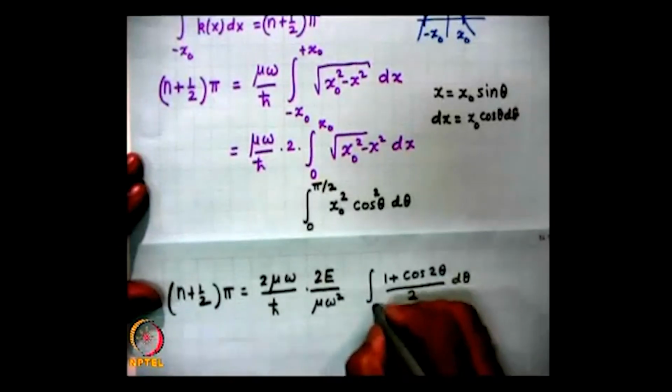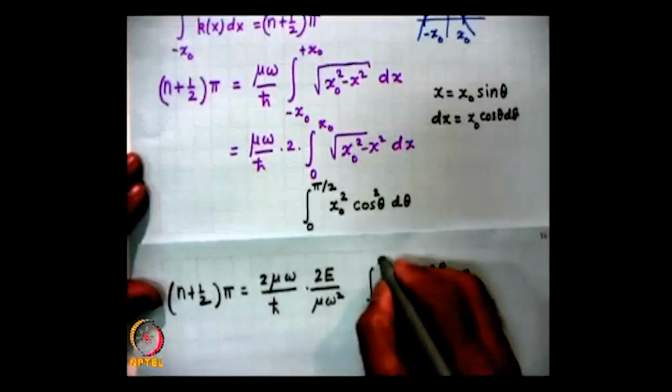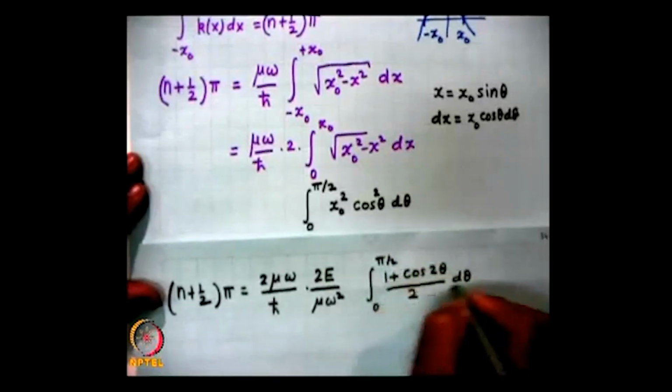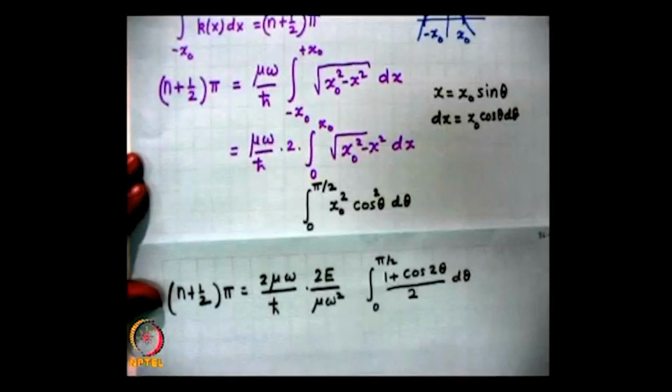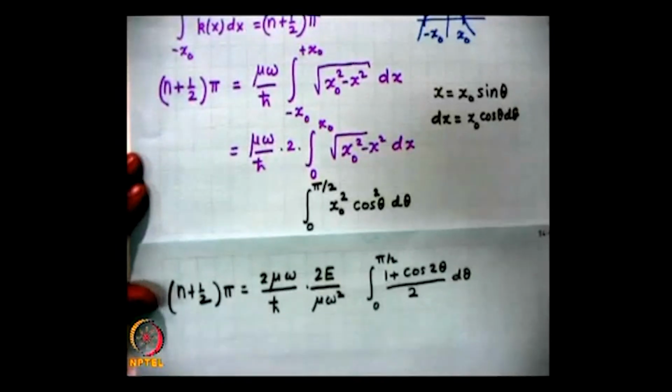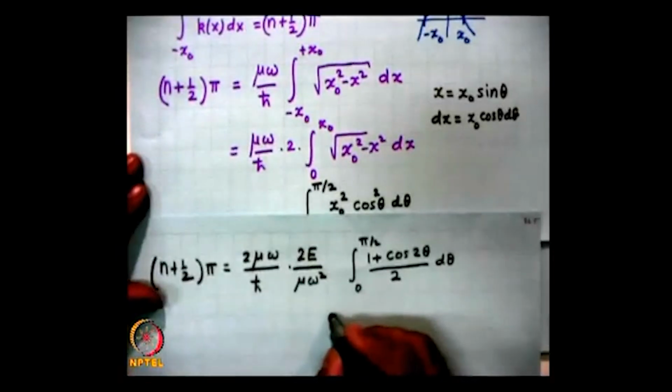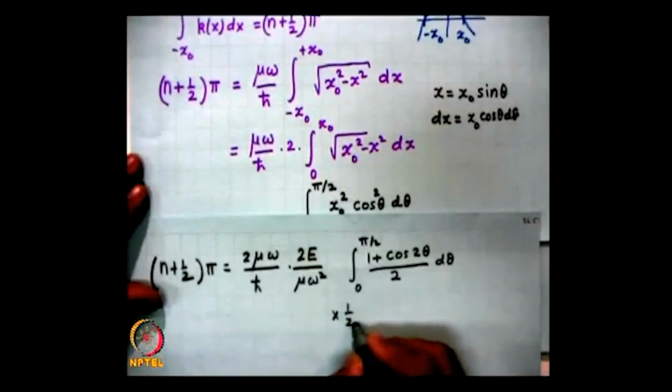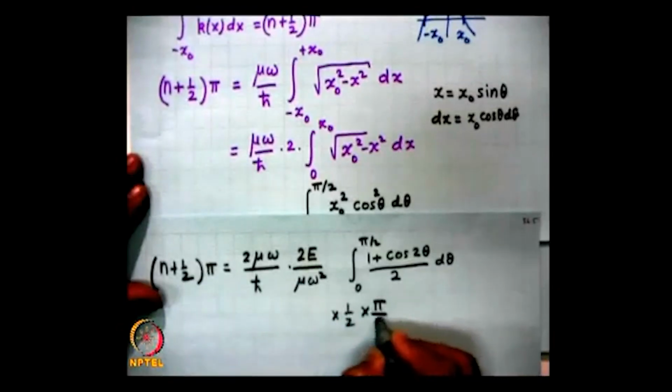The second integral will come out to be 0. I leave it as an exercise. So, half into d theta, so half into pi by 2.